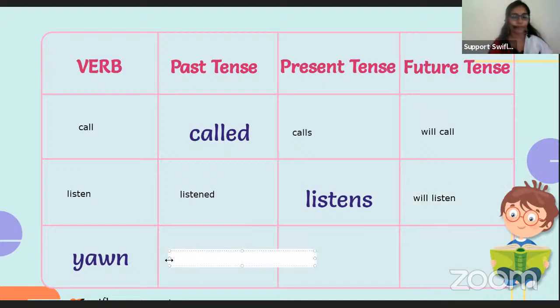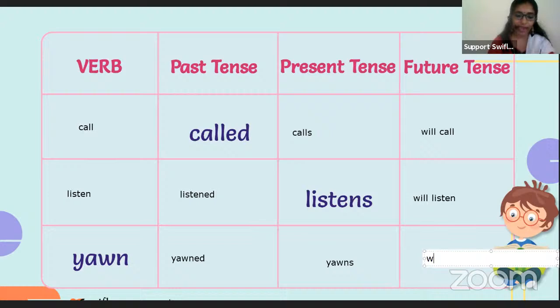What can be the word? Yawned. And in the present, it will become what? Yawns. And in the future, we will add will in front of that verb. So it will become will yawn.